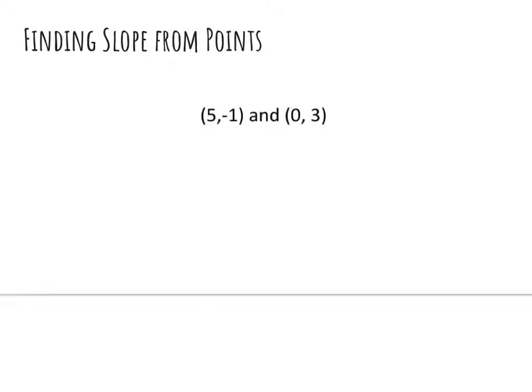All right, going to find slope from these 2 points now. Again, I'm going to go ahead and label my points x1, y1, x2, y2. And I'm going to subtract. 3 minus a negative 1. Remember, it's a negative 1, so it needs to be indicated.